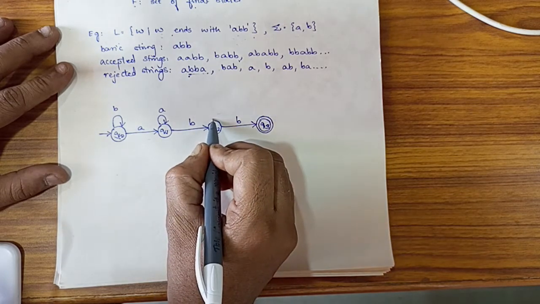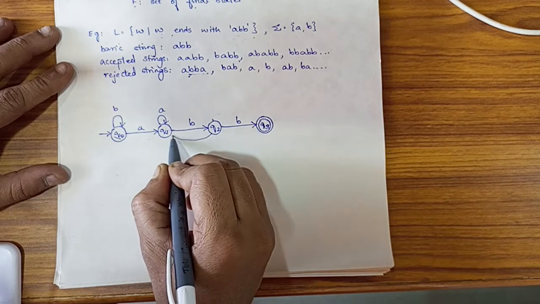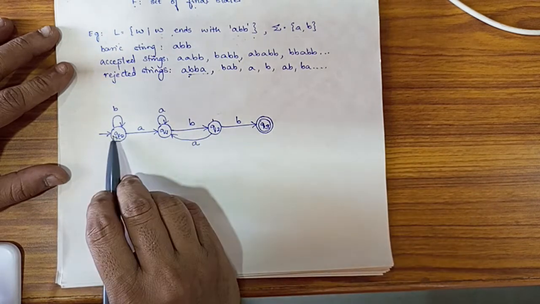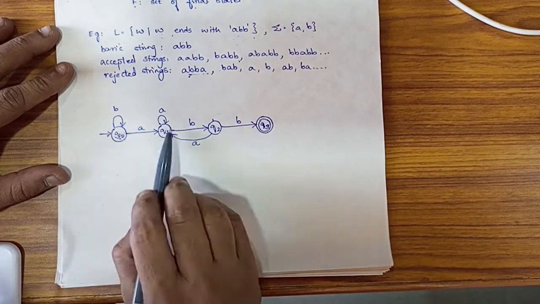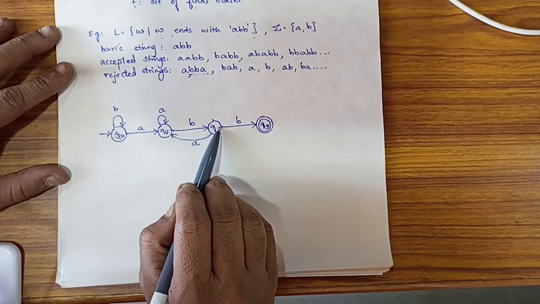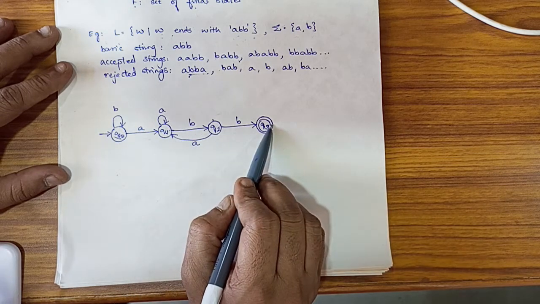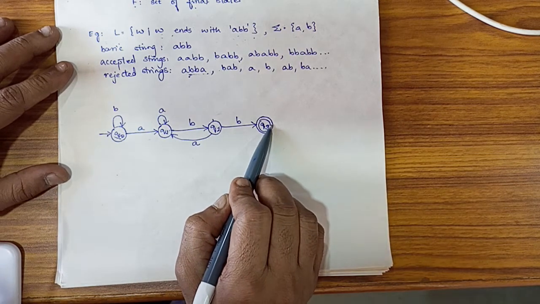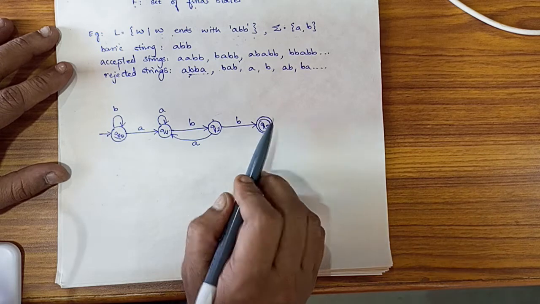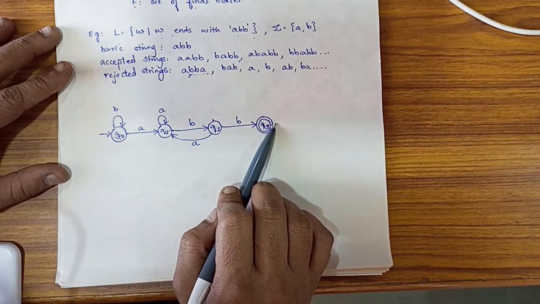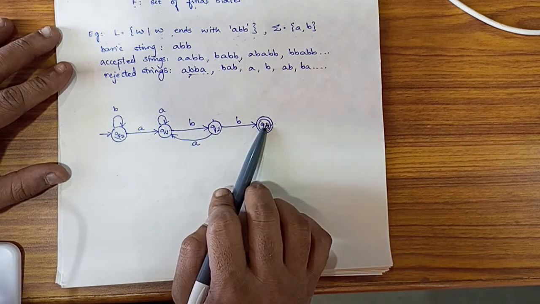So if I put a transition back to the Q1 state, then I have to get another A and then BB to reach the final state. Only when I reach the final state can I say that the string is valid. So B, B, correct? So then I can say that this is a valid string.